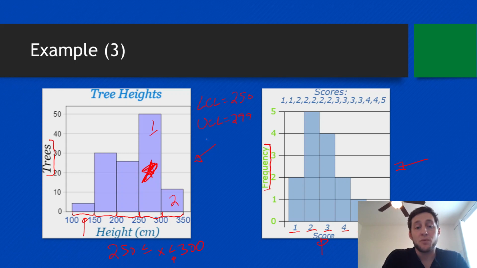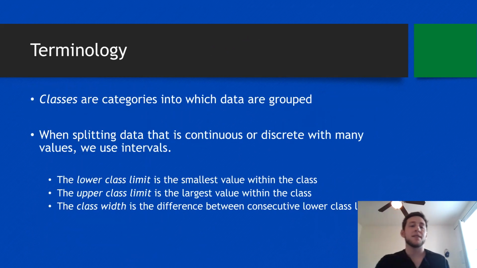Last but not least, our class width is just the difference between consecutive lower class limits. So as you guys would kind of imagine, each class contains 50 different numbers that you could be to get in there. So class width of 50, and that's just the difference between, say, 100, 150, 150, 200, and so on and so forth. So that is an important thing with class width, it's the difference between consecutive lower class limits.